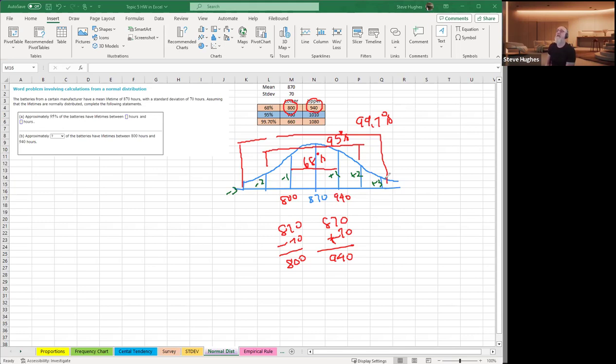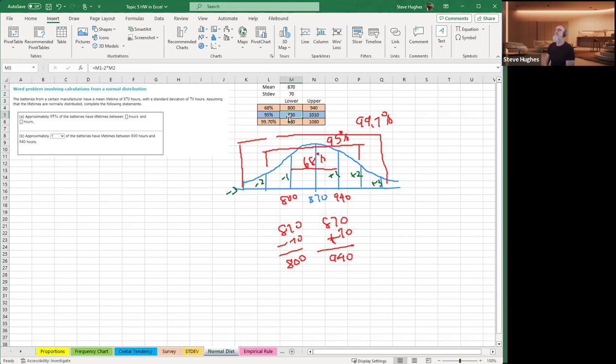It says approximately 95% of the batteries lie between what and what? Well, that's the plus or minus 2 standard deviations. You can see my calculation up here. If I click on this cell, you can see I did M1 minus 2 times M2.